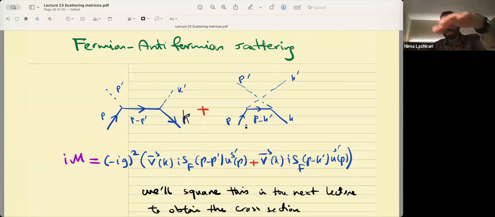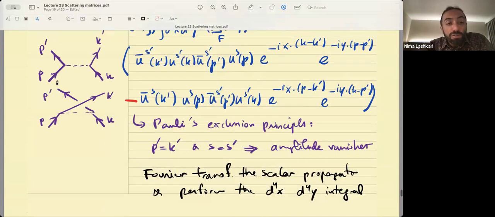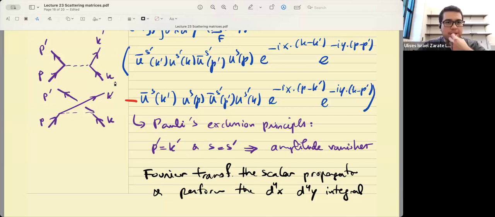If I just turn my head to the side, they describe fermion scalar to fermion scalar scattering. Oh, is this what you were saying? Fermion, fermion, anti-fermion going to fermion, but this is a fermion anti-fermion going to fermion anti-fermion scattering. Yeah, I see that they're different. Yes.